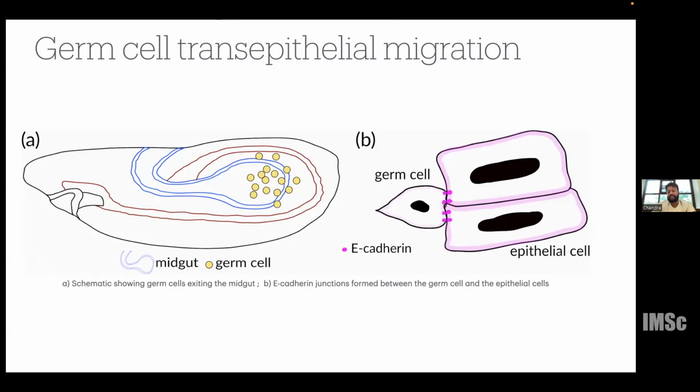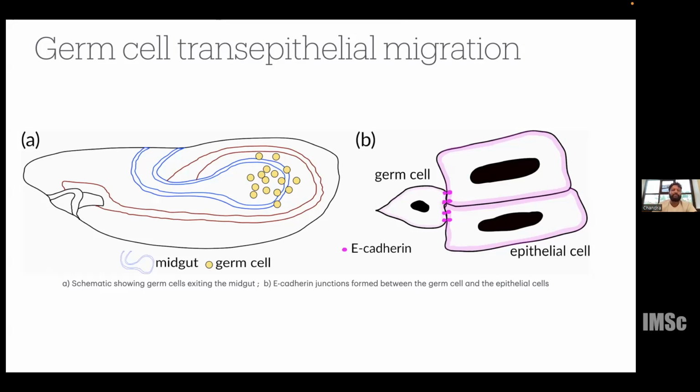As far as the germ cell and the epithelial cell are concerned, how do these guys exit when there is no gap, because you're going through a confluent tissue? Initially there were some hypotheses that the junctions between the epithelial cells are very dynamic, with transient gaps that open up so the germ cells can squeeze in.